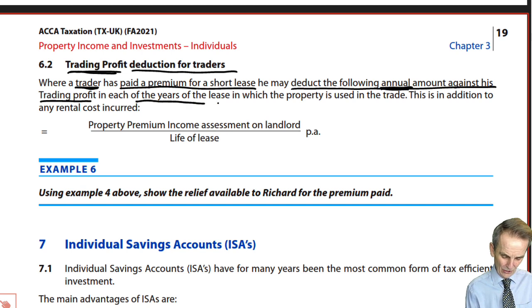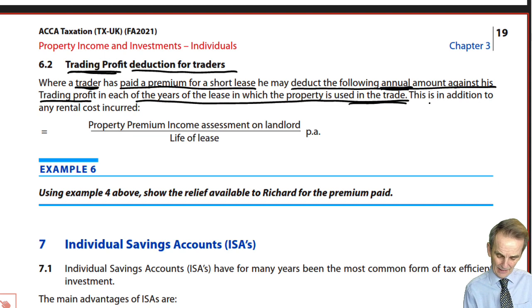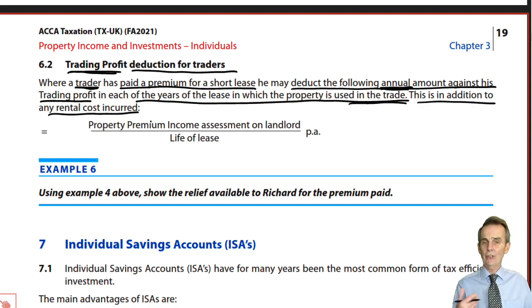This applies in each of the years of the lease in which the property is used in the trade, in addition to any rental cost incurred. Obviously, the rental that you incur, if it is a business, will be an allowable deduction against your trading income as well.